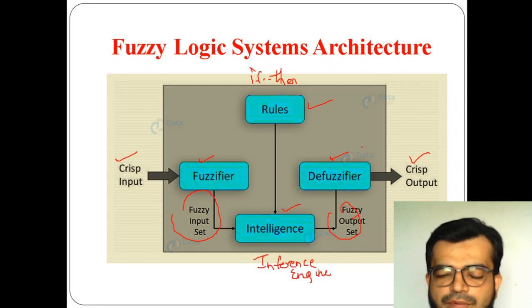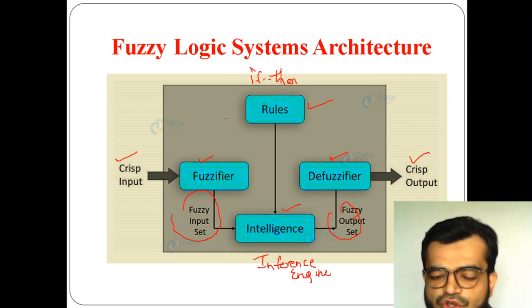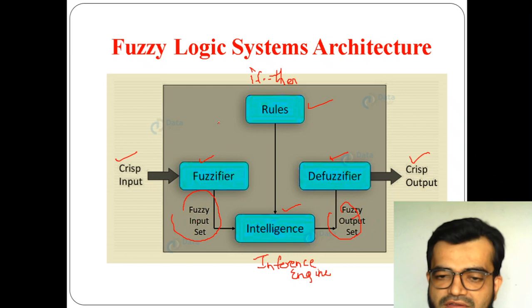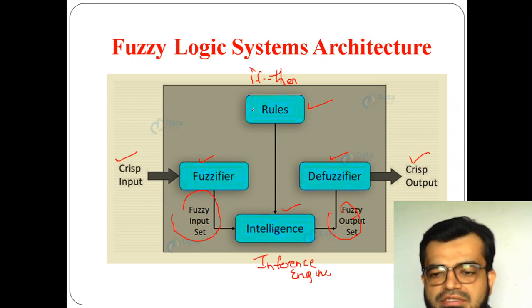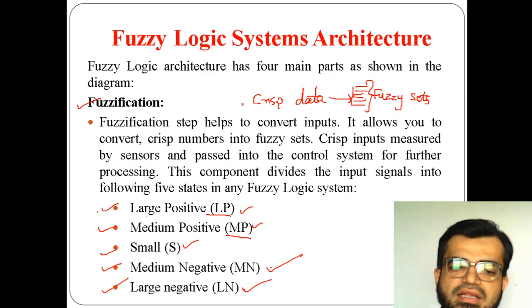It requires crisp output, meaning an exact output. The output should be very clear, because only then does the machine work. So what is the role of the defuzzifier? It takes the fuzzy output sets and converts them into crisp output. That means it targets and gives you an exact value. That is the role of the defuzzifier.